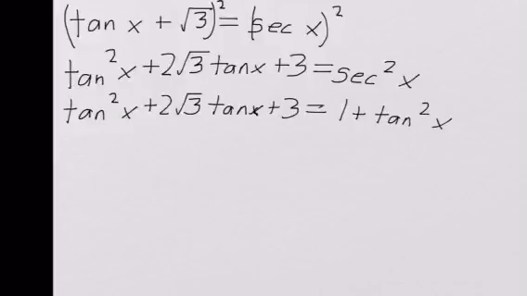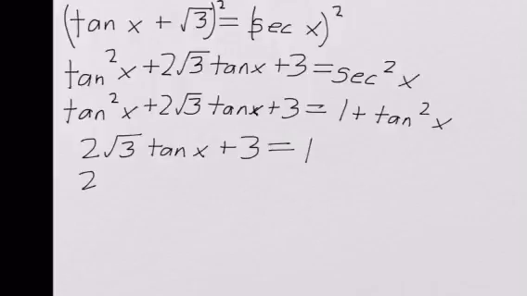So first I'll subtract tangent squared of x from both sides. Leaves me with 2 square root of 3 tangent of x plus 3 equals 1. So I can subtract 3 from both sides. 2 square root of 3 tangent of x is equal to negative 2.